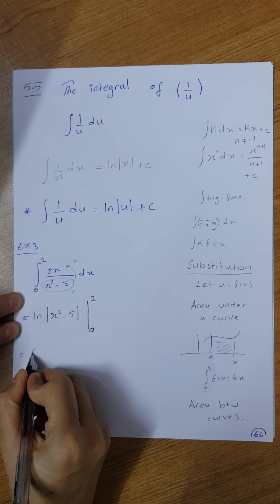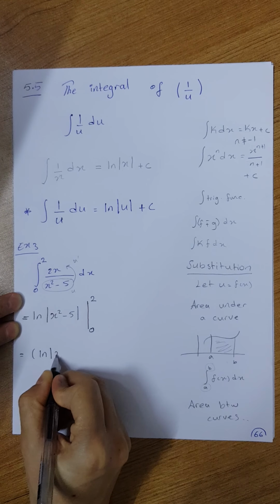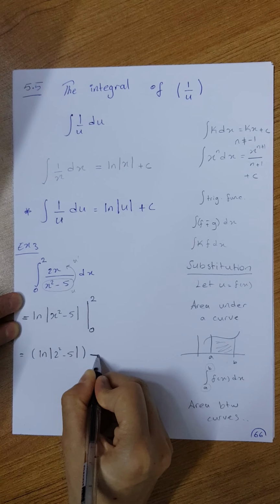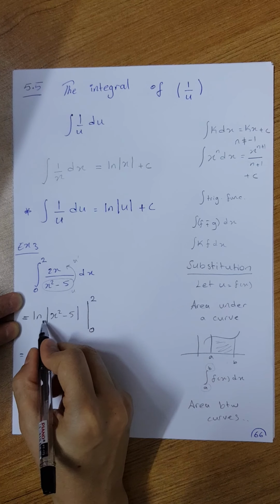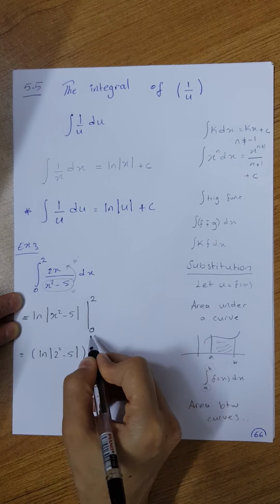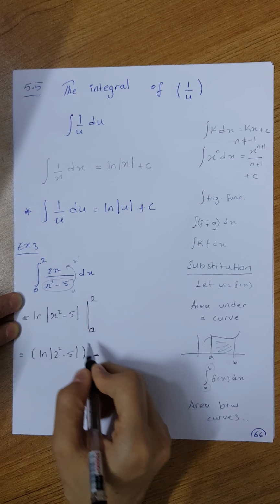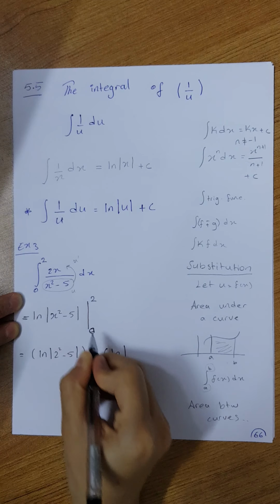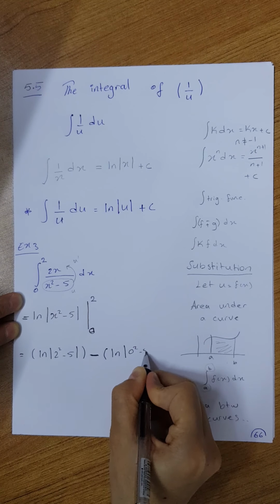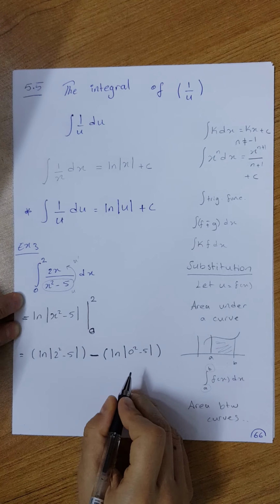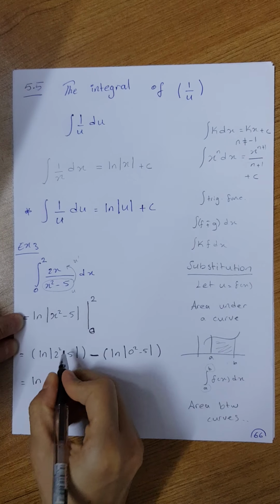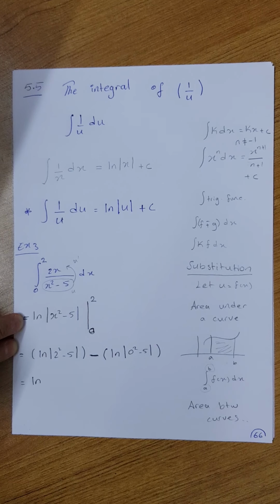So that one in general will be ln of absolute value of 2 squared minus 5, minus, because we know that if we input this one into the function and then before inputting this one into the function we have got a minus, then ln of absolute value of 0 squared minus 5. Okay, so that one is equal to what? Ln of 2 squared minus 5 is equal to negative 1.